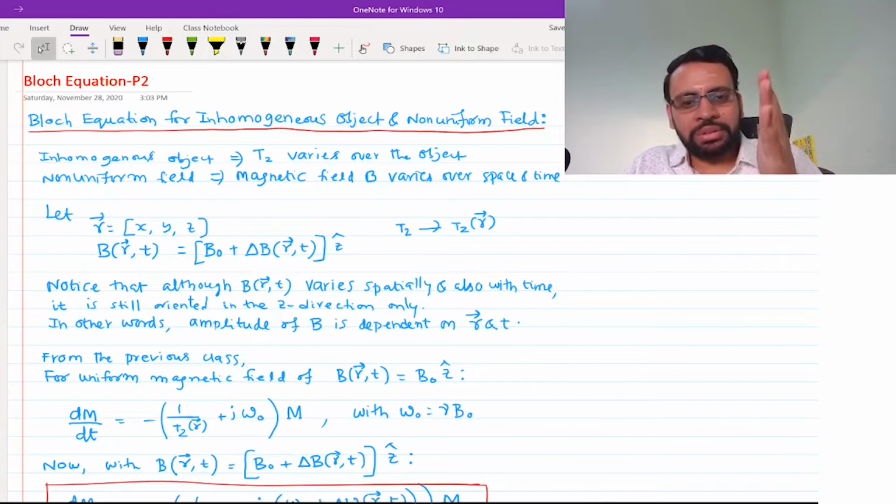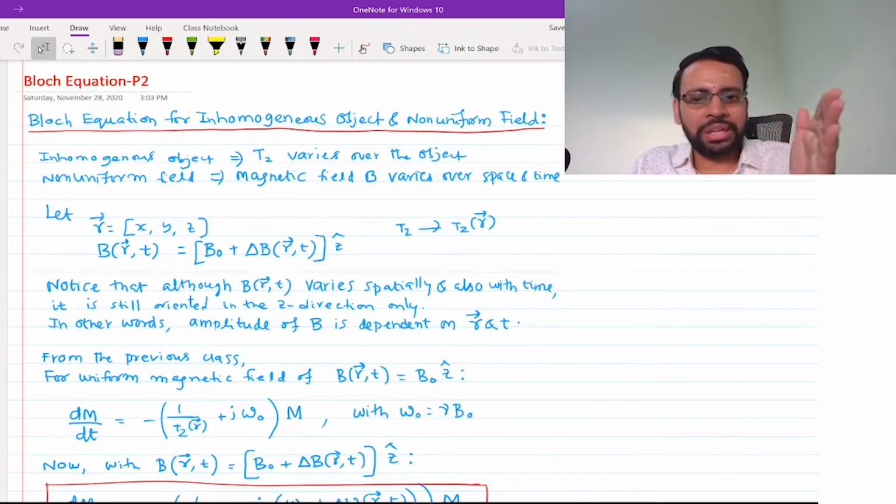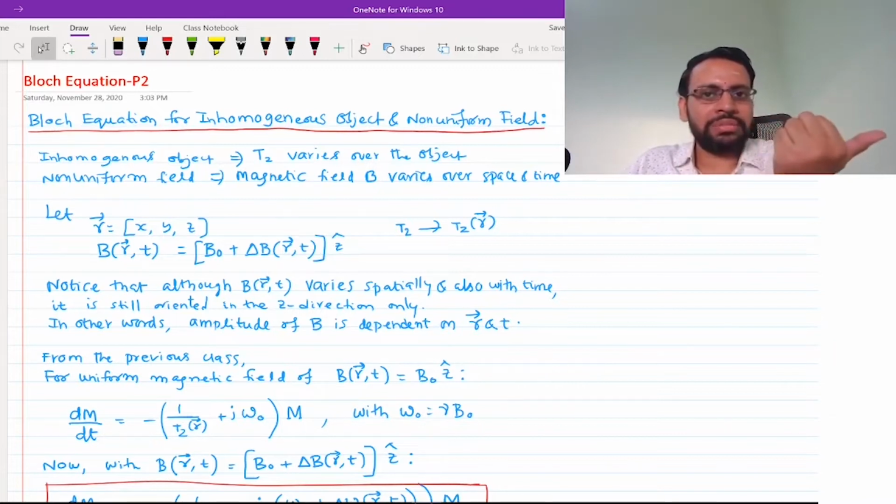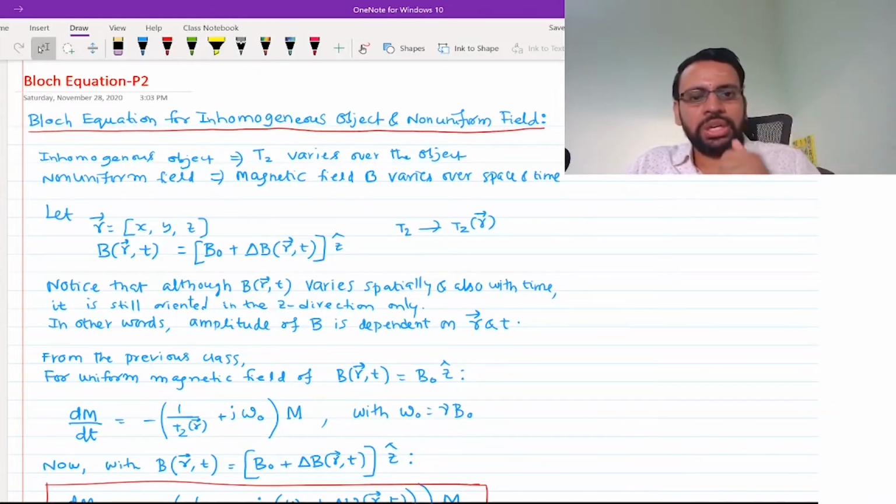In place of T2 I will be having T2 of R bar, which can vary with the spatial location indicated by R bar.